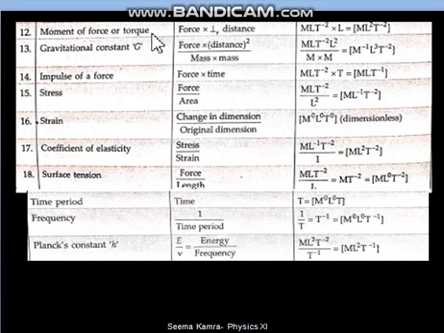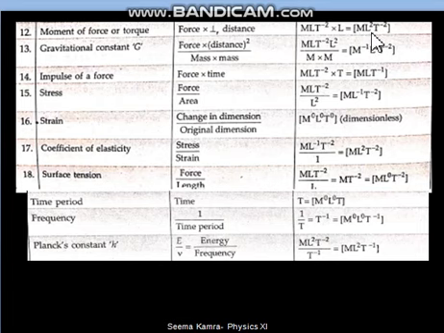So torque is actually the force required to rotate a body. So its formula is linear force into perpendicular distance. Now force dimensional formula is M1 L1 T minus 2, and any kind of distance will always be represented by capital L. This way the answer of torque will become M1 L2 T minus 2.